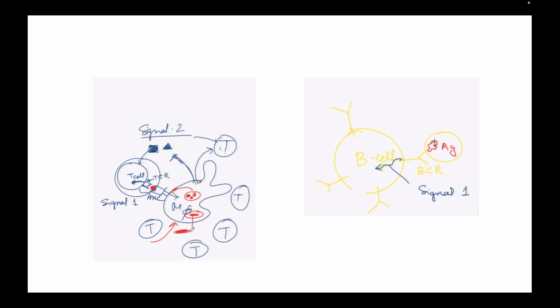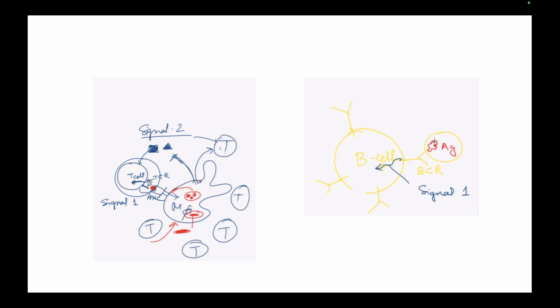This is a foreign antigen which is being engulfed, processed and presented on MHC, and this MHC presented antigen binds with the T cells with the help of the T cell receptor.